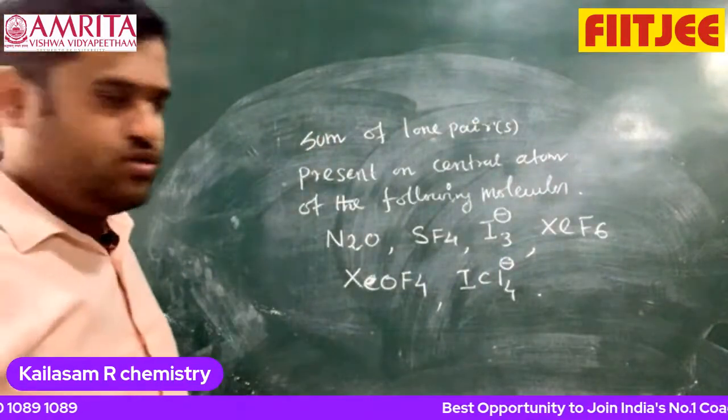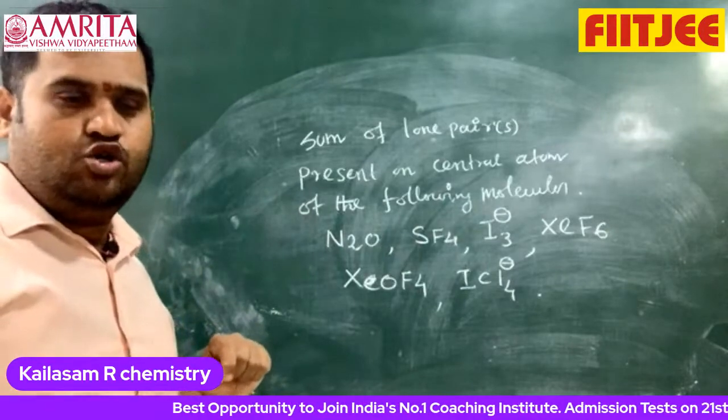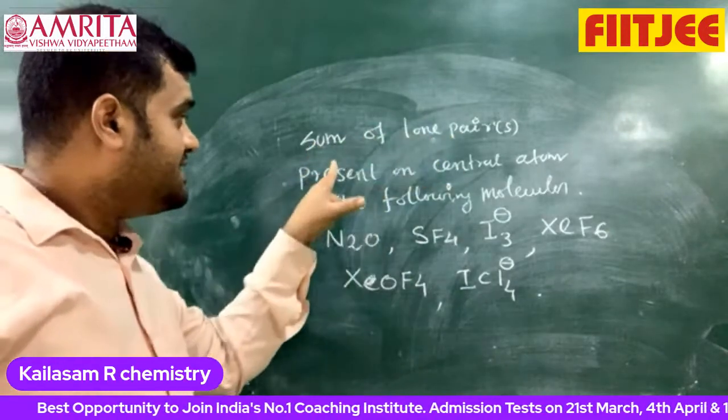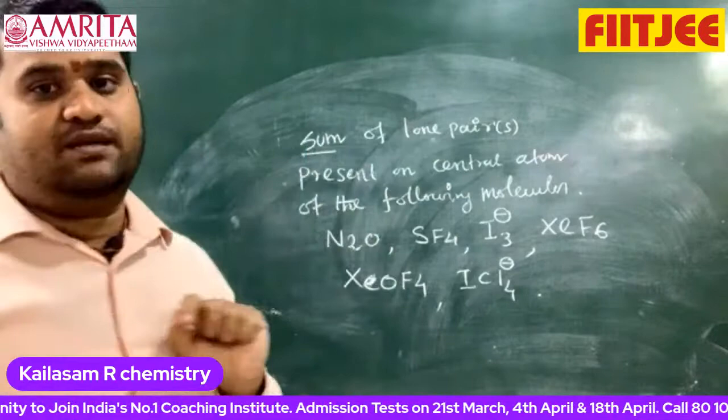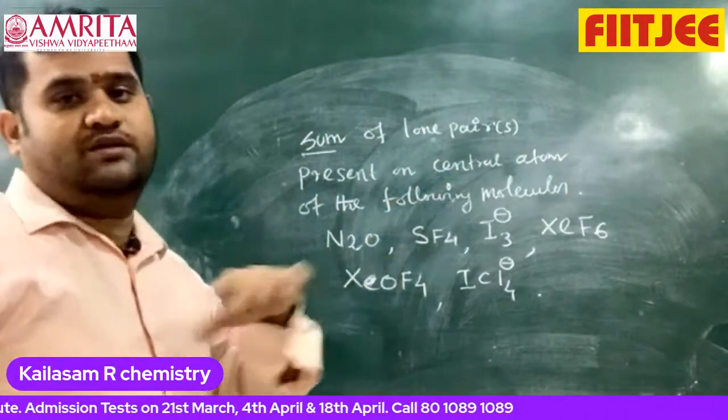If these molecules are given, they will ask you to find the total sum of lone pairs present on the central atom of the following molecules, and we have to add them one by one.